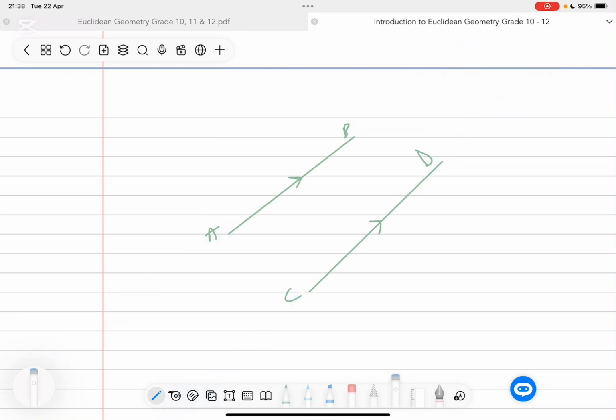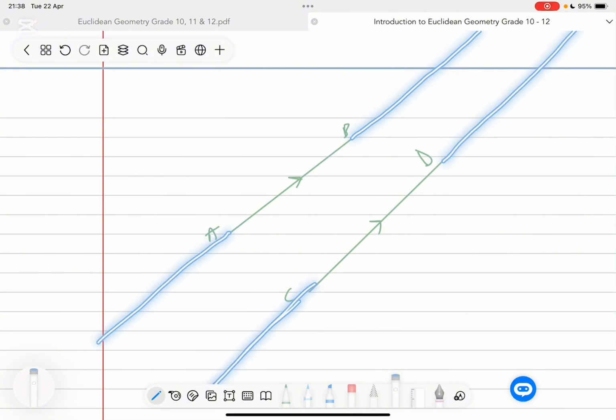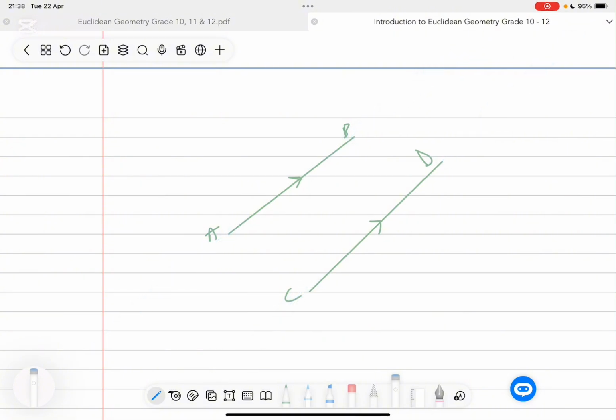Now, when that happens, these two lines will never cut each other if they are parallel to each other. So parallel lines means exactly that, lines that will never cut each other. So as they continue extending like that, they'll never cut each other. If they behave like that, we say they are parallel lines.